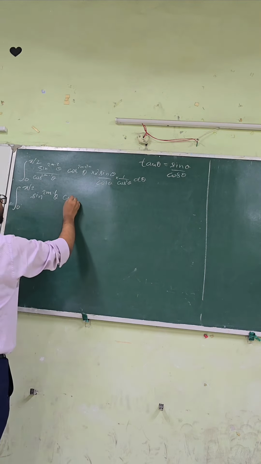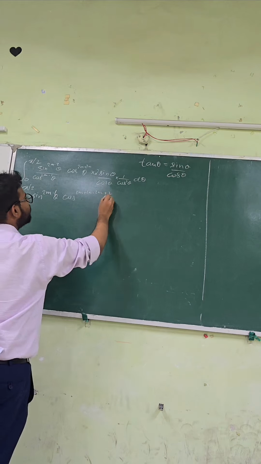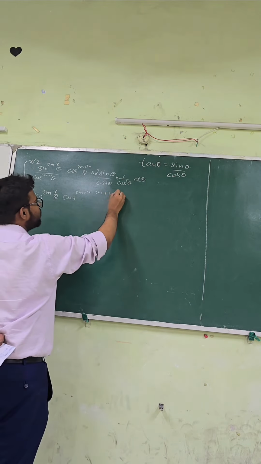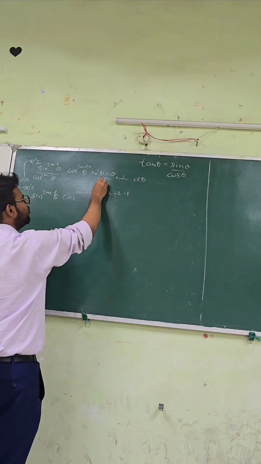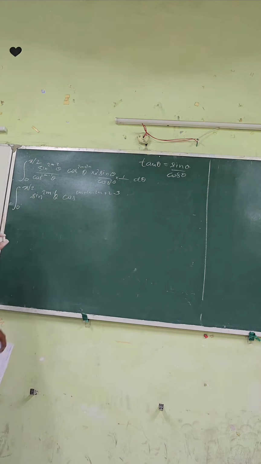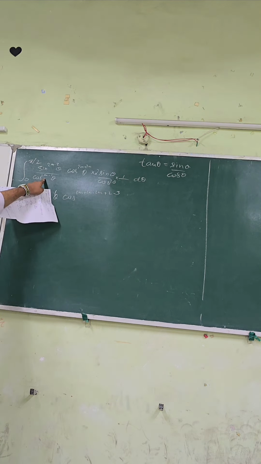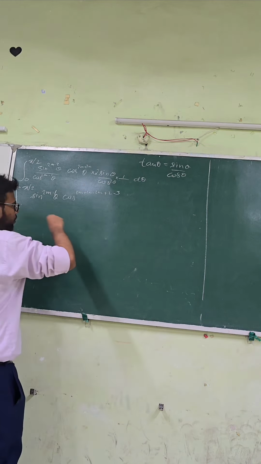What do you get? 2m plus 2n minus 2m plus 2, and this is minus 2 minus 1, this and this, it will become cos cubed theta, right? So basically it is minus 3. Okay, no need to be confused. And this is cos, this is in the denominator, so it will be subtracted from that power, right? I hope you are understanding it.